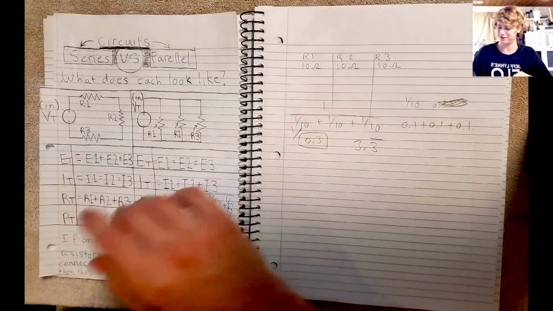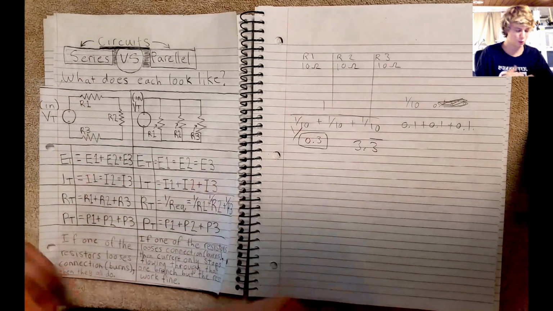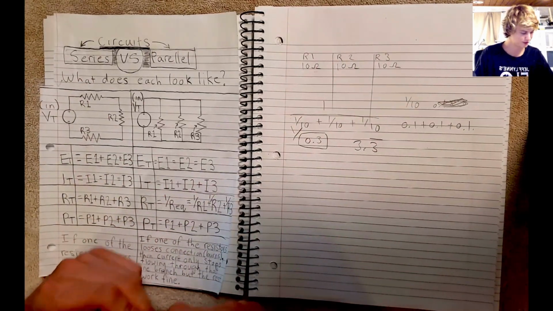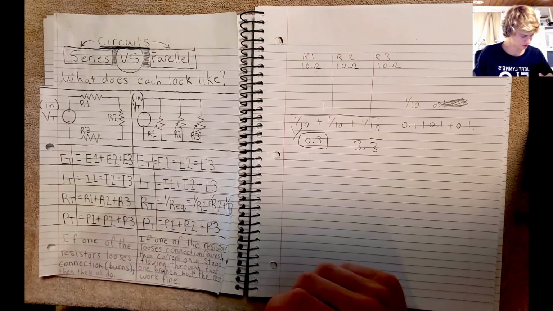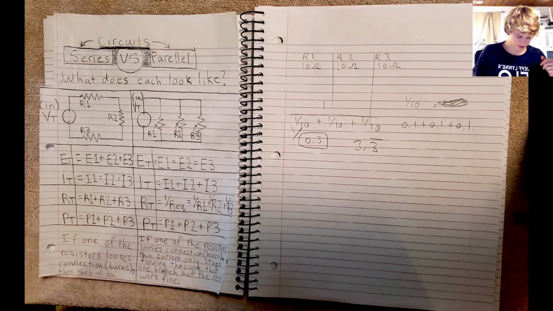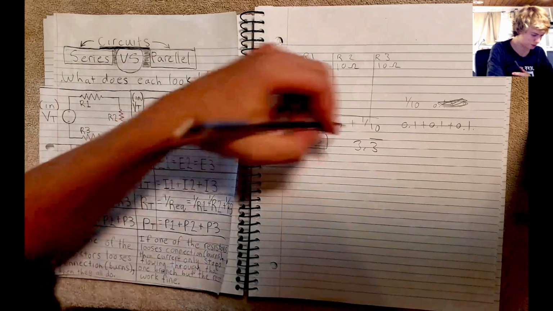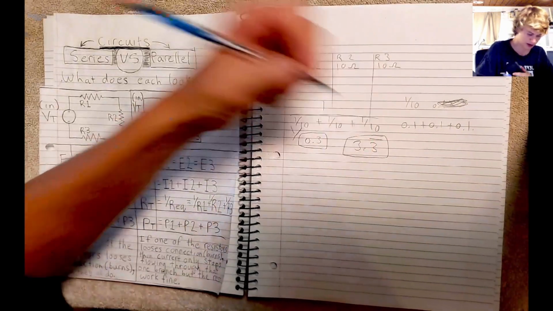It's good to know that, because if you're not getting quite the answer you're looking for, you can fiddle with that. I don't want to talk about that too much. So now that we have that 3.3 repeating, that would be our R total.